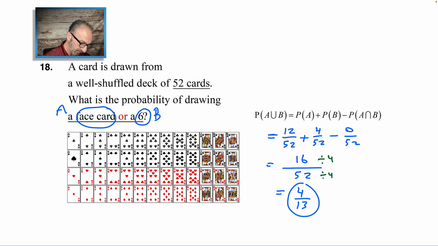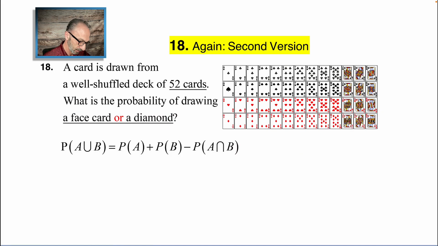Now, because the union for these two sets A and B is disjoint, I made another problem like number 18, a newer version. Here we go. Now we're looking at the same 52 cards, but we are looking at two sets, face cards or diamonds. These are the face cards and these are the diamonds. But notice that they do have an intersection happening right here.